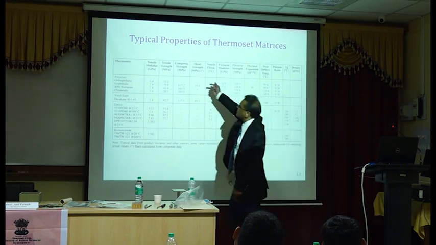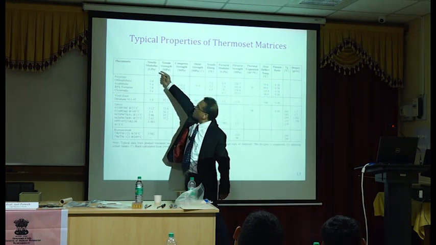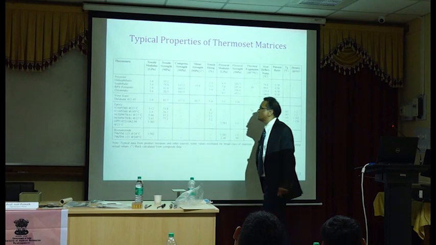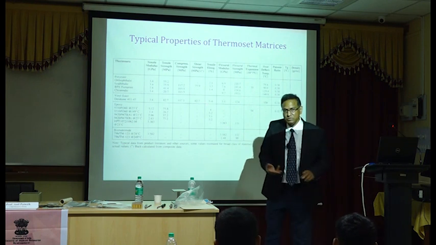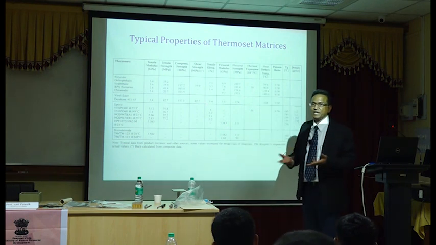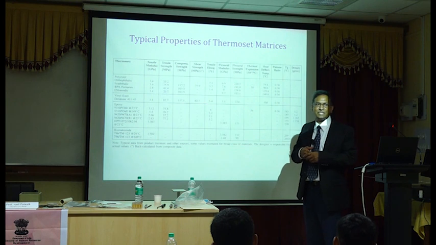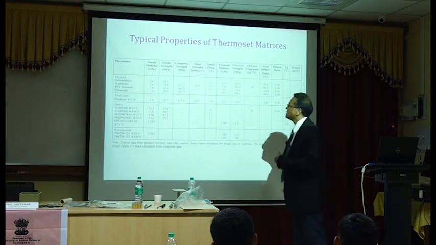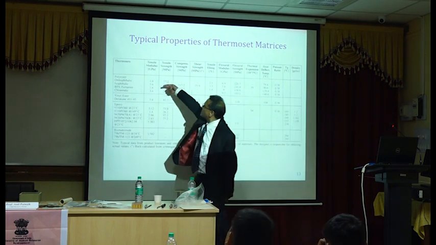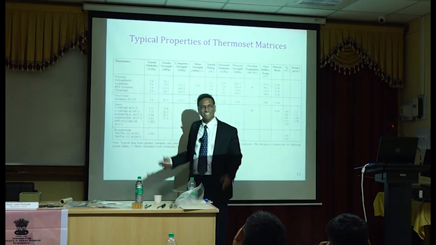So if you see here, tensile modulus is a modulus of elasticity. GPa, what is the tensile modulus of steel? We know that, right? It's 200. Is that right? 200, about 200 plus or minus, depending on the type of steel. So let's say 200. So this one here is 3.4.